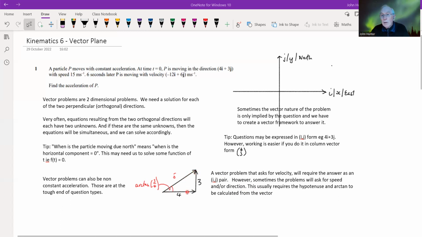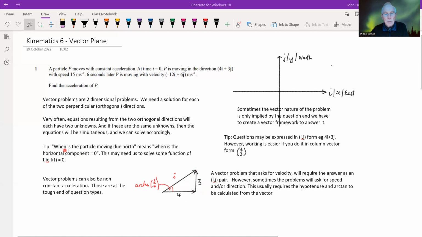So our velocity would be this 4i 3j pair, but the speed would be 5, and the direction would be the angle that this hypotenuse makes with the horizontal, which would be the inverse tan of 3 divided by 4. So sometimes that comes into these problems.